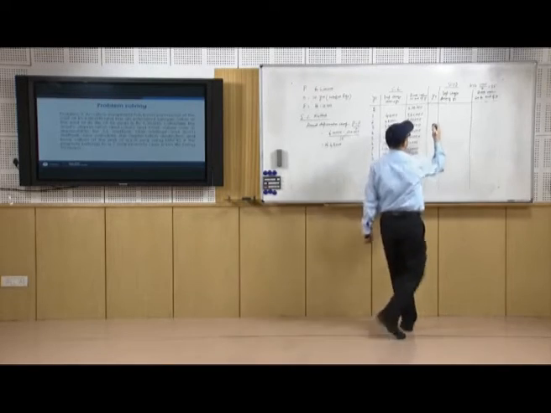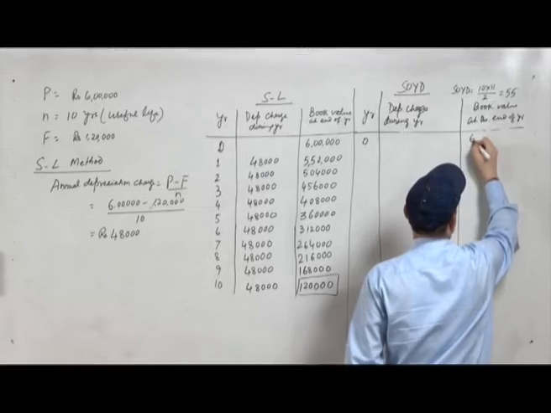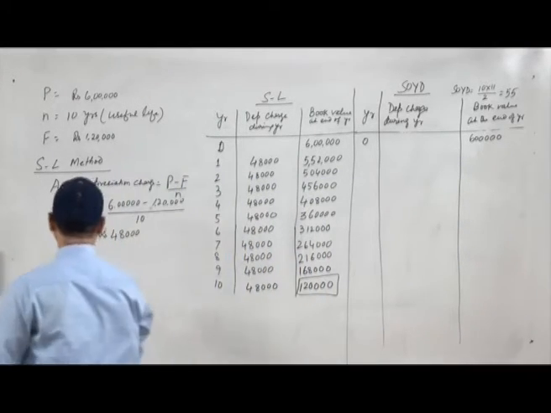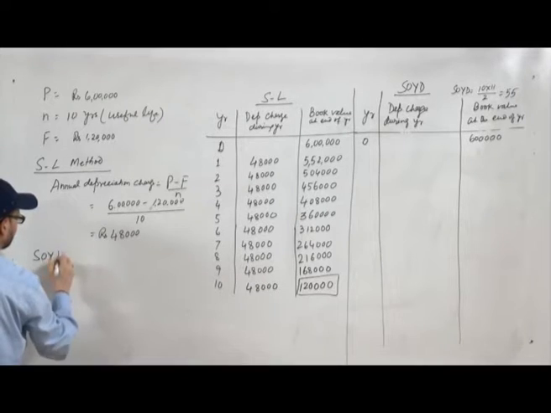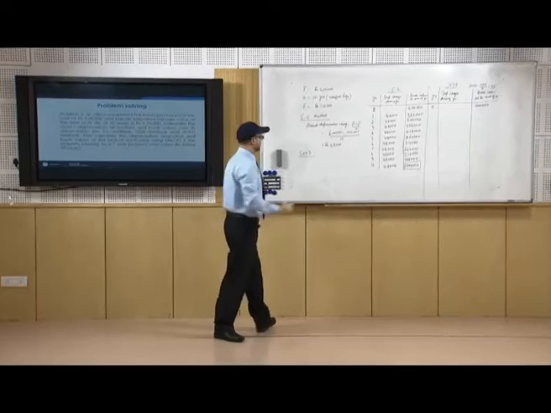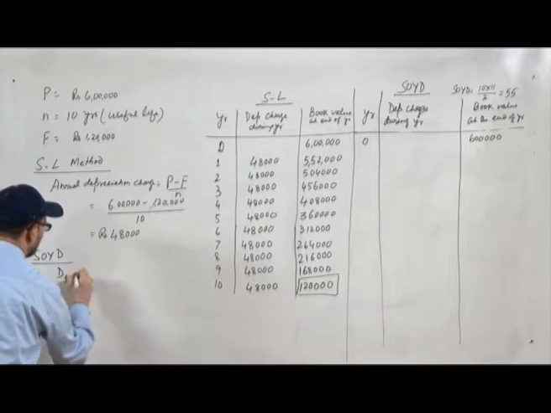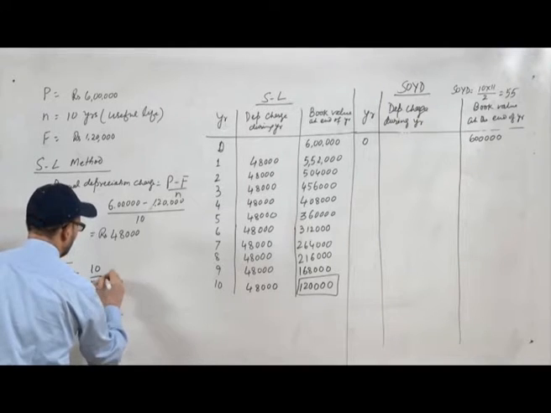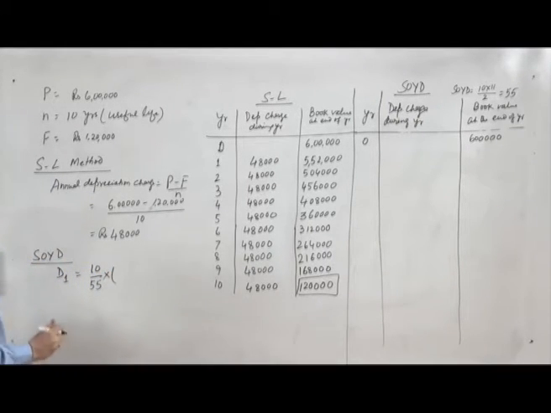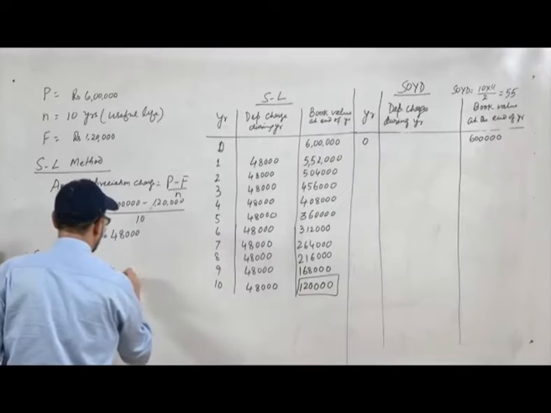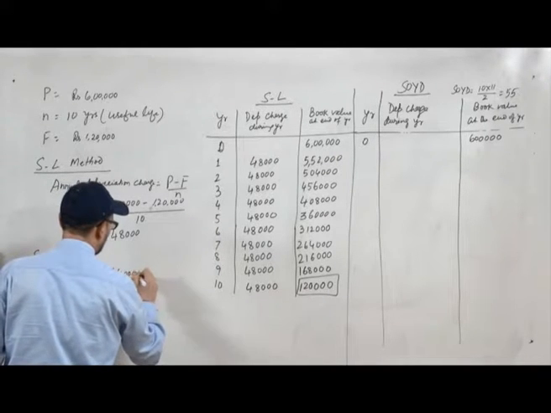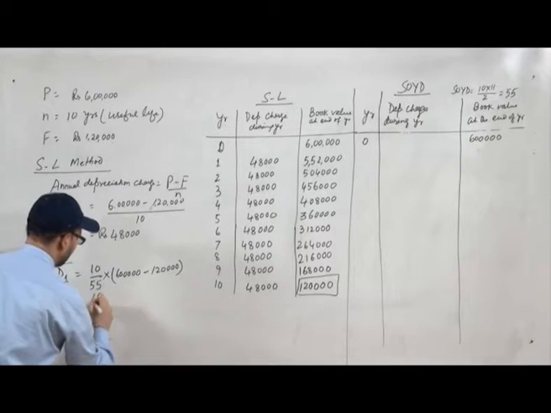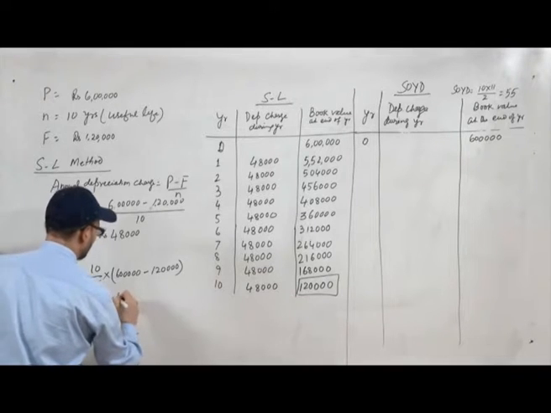Now, in this case again at time 0 you have 6 lakh. Using the SOYD method, the depreciation charge during the first year will be 10 upon 55 into P minus F, that is 6 lakh minus 1,20,000. So, it will be 10 by 55 into 4,80,000.